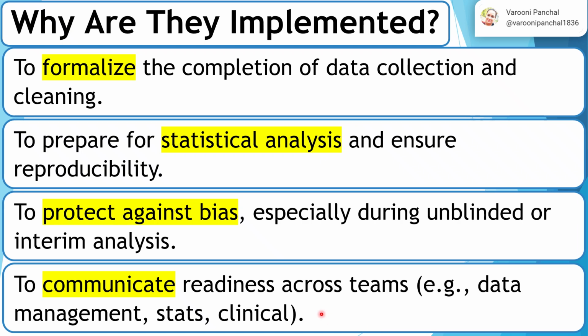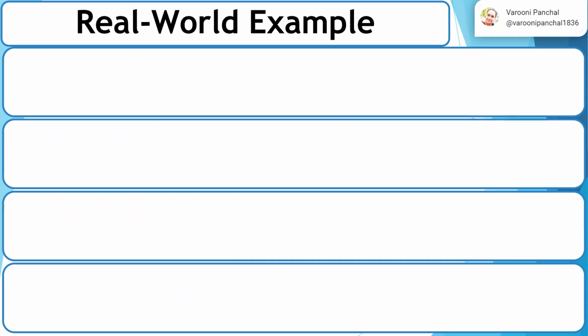So this database lock is implemented just to communicate across all teams that we have cleaned the database, we have done the query resolution, everything is clean. These are the scenarios as to why we implement this specific database lock, just to avoid any bias situation and have an unbiased database.